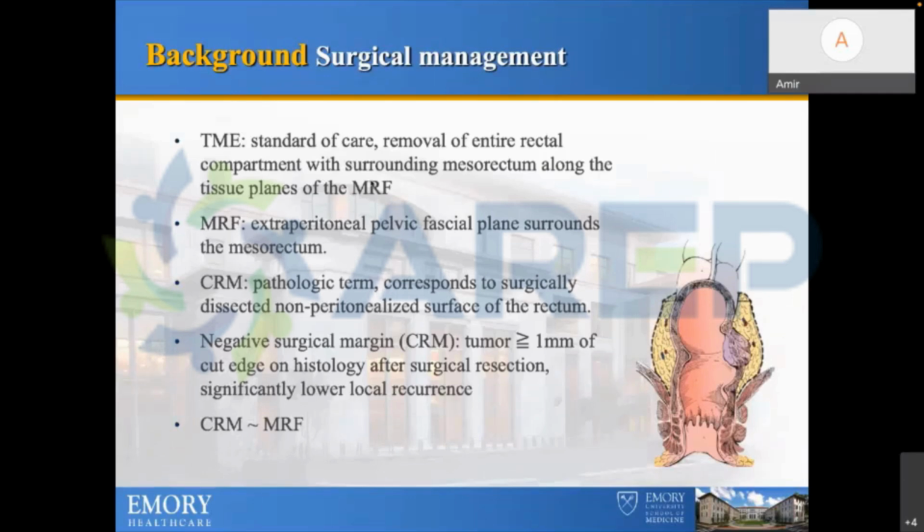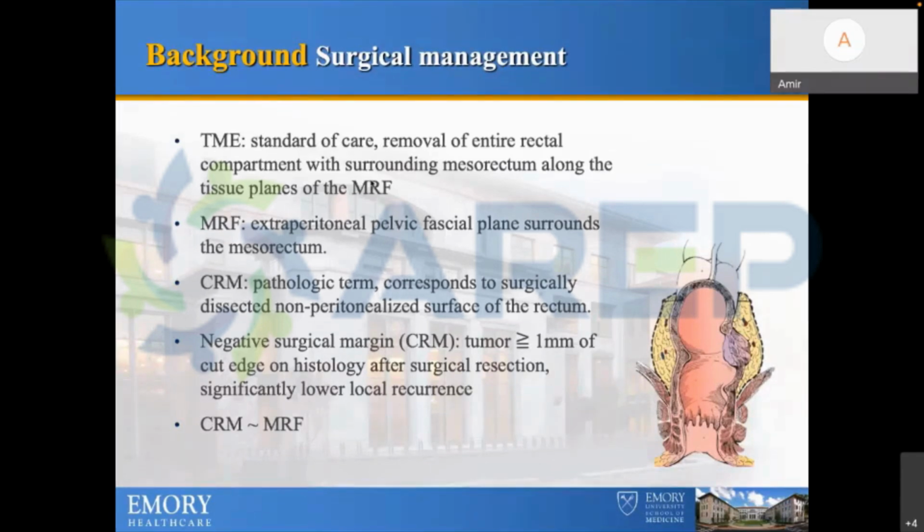If you look at a surgical report or pathology report on a rectal cancer case that was excised, you'll see the CRM used, and it's actually corresponding to the rind or the soft tissue plane that was surgically dissected.